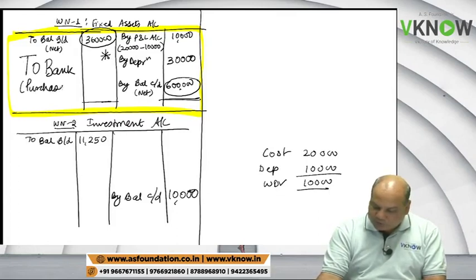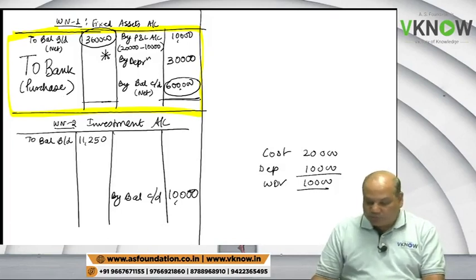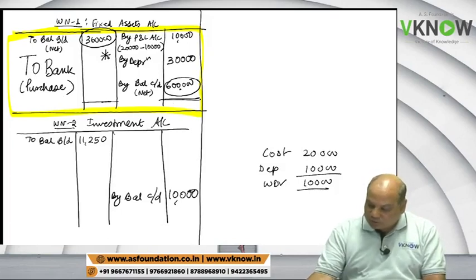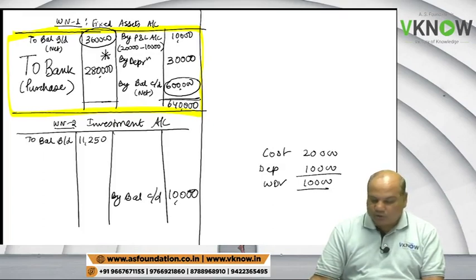It seems there is some purchase of fixed asset. First take the credit side total, 6 lakh 40 minus 3 lakh 60. So that is 2 lakh 80,000 purchase. Tanya is right.